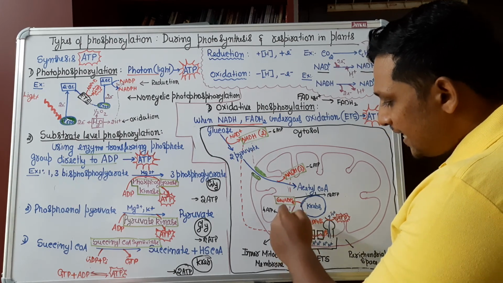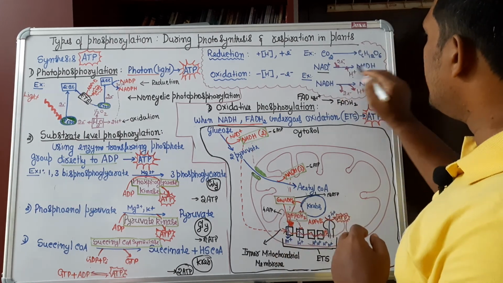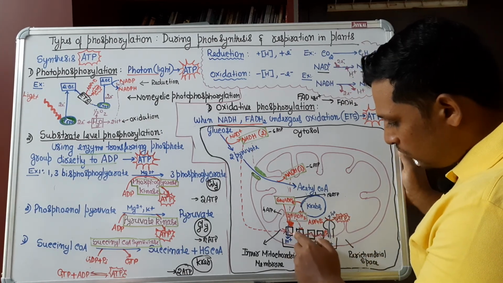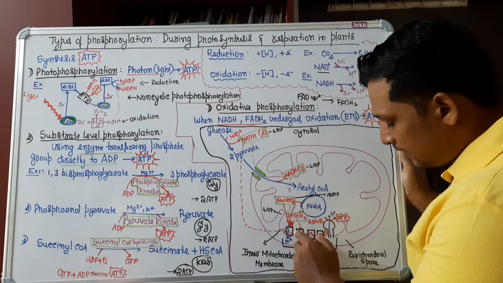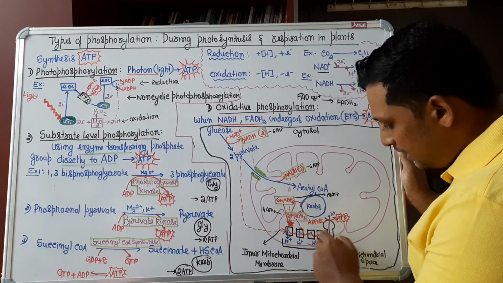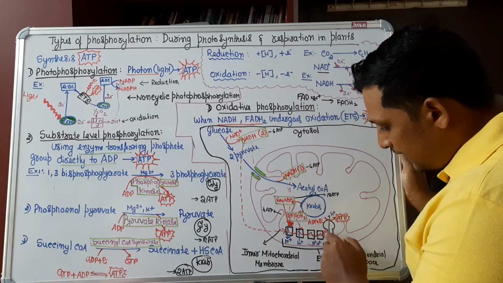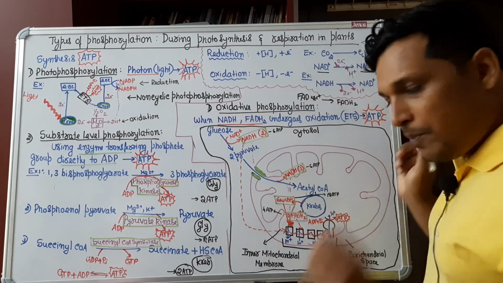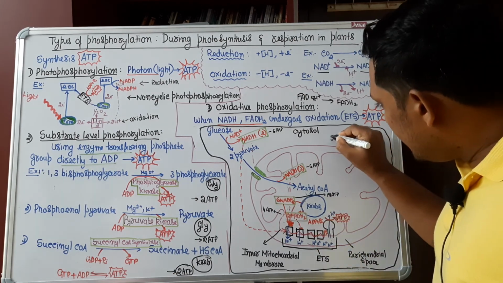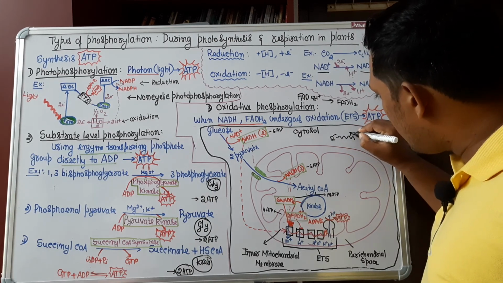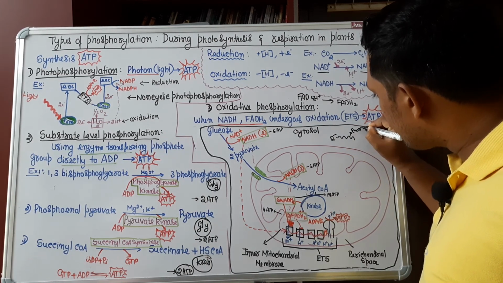They lose their electrons to the ETS. As a result, these electrons will undergo oxidation reduction in the ETS. Finally, they are accepted by oxygen to form water. And the important thing is, when electrons are moving through the ETS, there will be release of energy.